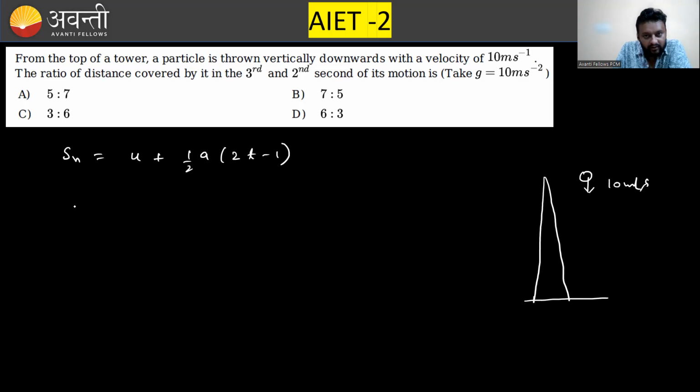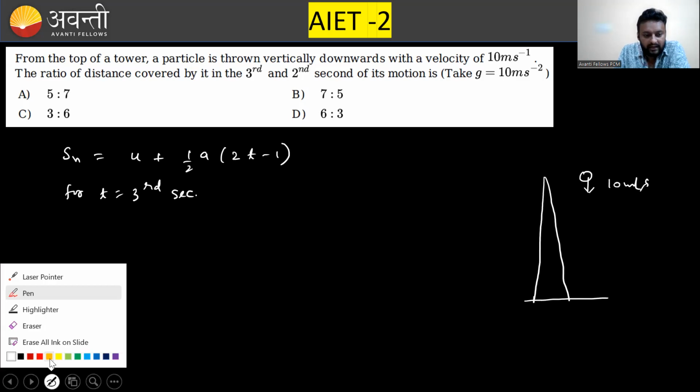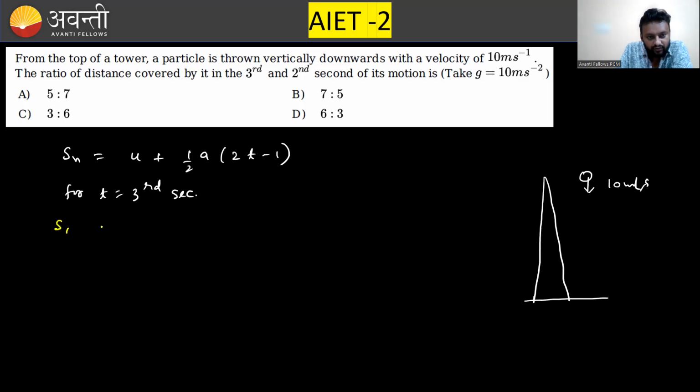So you can put the values. I am putting it for t equals to 3, that is the third second. Let's take this distance s1 is equal to, what is the velocity? You will say minus 10. Why minus 10? Because velocity is in the downward direction. Half acceleration is also in the downward direction, which is g.